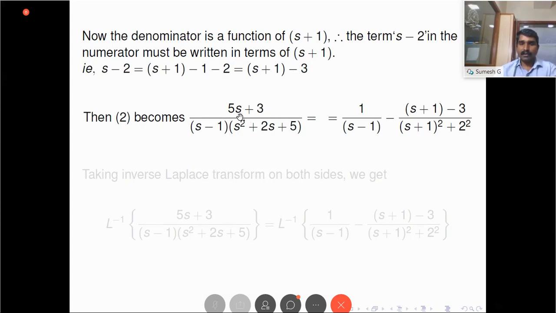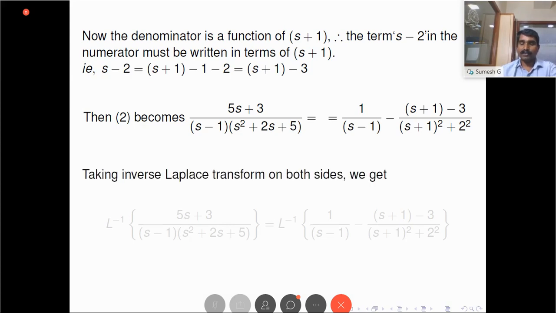It becomes 5s plus 3 followed by s minus 1 into s square plus 2s plus 5 equal to 1 by s minus 1 minus of s plus 1 minus 3 followed by s plus 1 whole square plus 2 square. Now we can find the inverse Laplace transform.